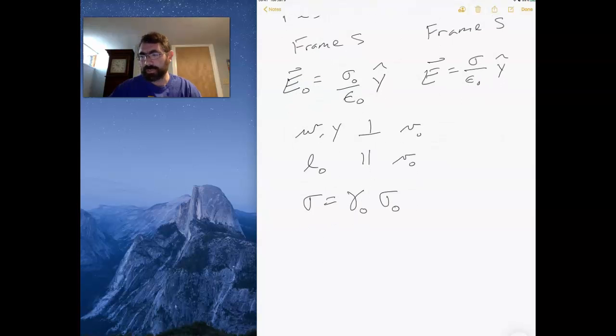This gamma is the usual 1 over square root of 1 minus v0 over c quantity squared. Therefore there will be a difference in the measured electric field in each frame, because there's been a contraction of the length of the plates. The plates are not measured to be the same in each frame of reference.